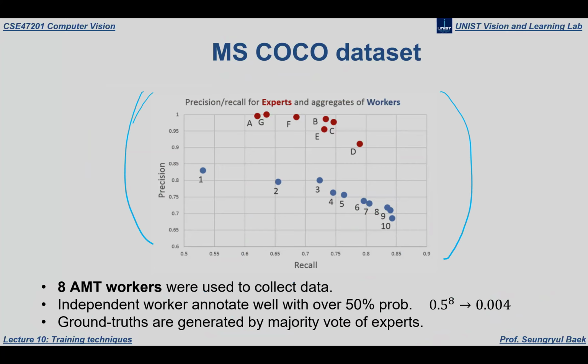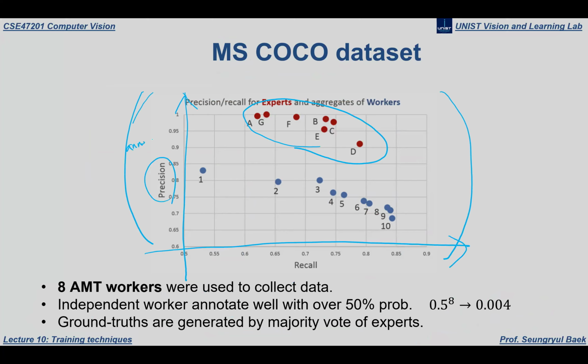an interesting graph. So you can see the Y-axis means the precision of the annotation quality. And the X-axis is showing the recall. So precision and recall, we already learned about. Recall means the ability to cover all the ground truth.